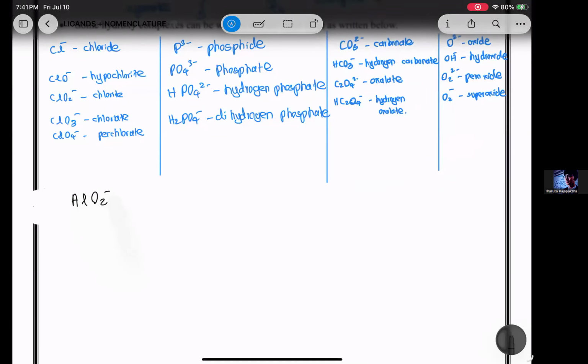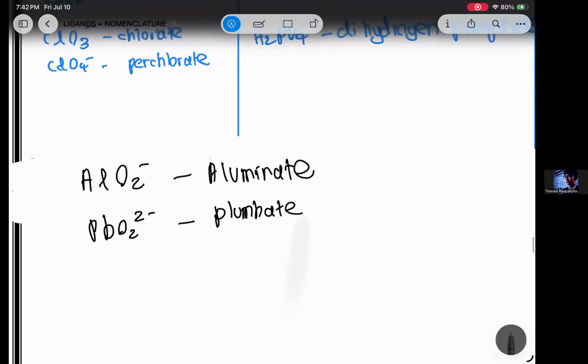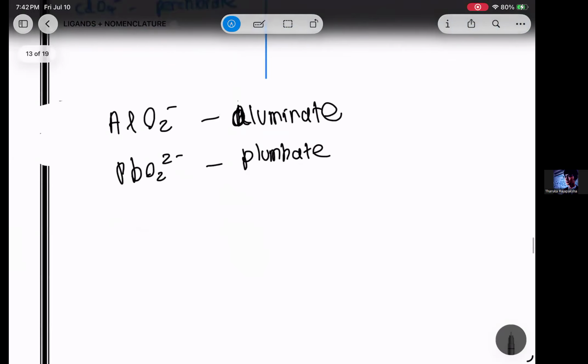AlO2 minus, you call it aluminate. PbO2 2 minus, you call it plumbate. Let me put simple letters. Aluminate, plumbate, SnO2 2 minus, stannate.